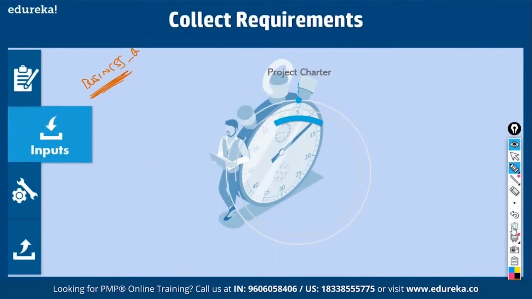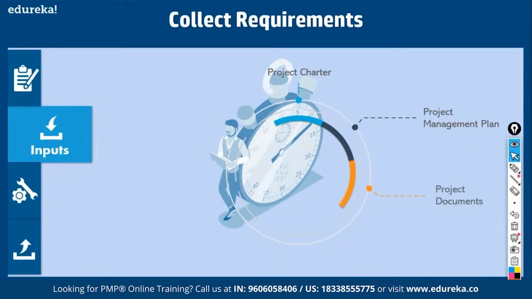So the basic input for this is the project charter again, which gives you the high level requirements for the product. Then the project management plan. Why is the project management plan once again an input? Because project management is a combination of multiple plans, so that will provide you guidance on collecting requirements. Then we have project documents.